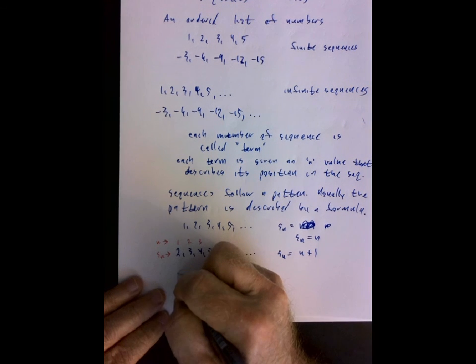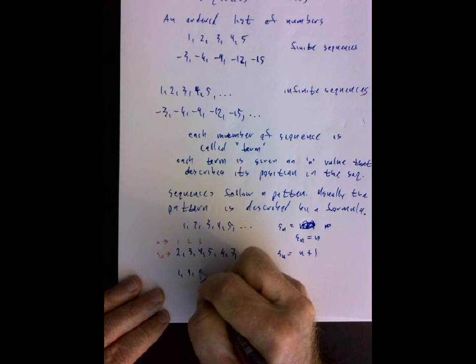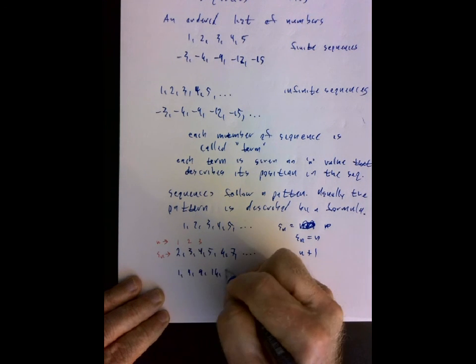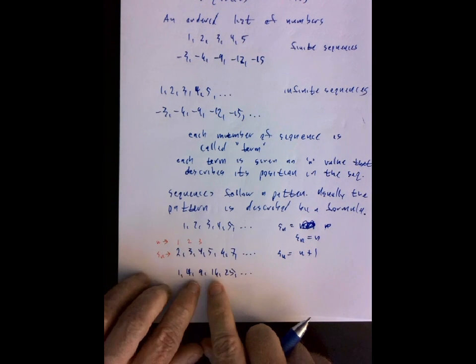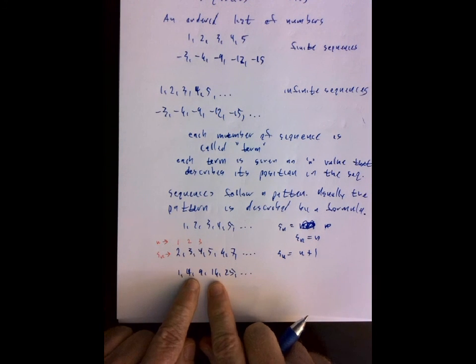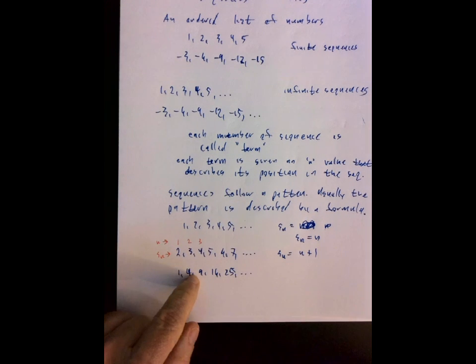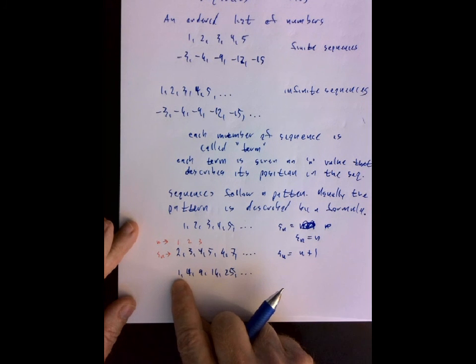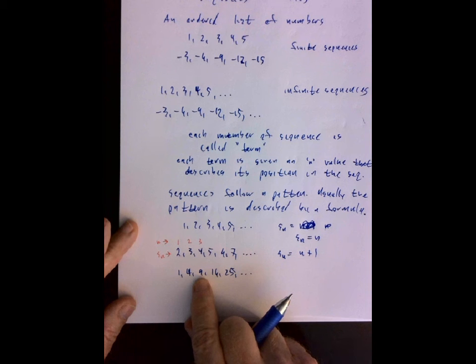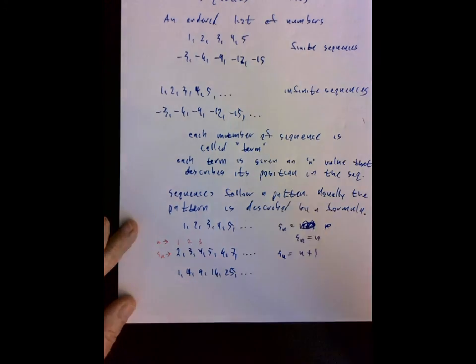Here's one, 1, 4, 9, 16, 25. Okay, here you might notice that those are square numbers, right? So the next one would be 36. So the first term is 1, the second term is 4, the third term is 9, the fourth term is 16, the fifth term is 25, and so on, right?